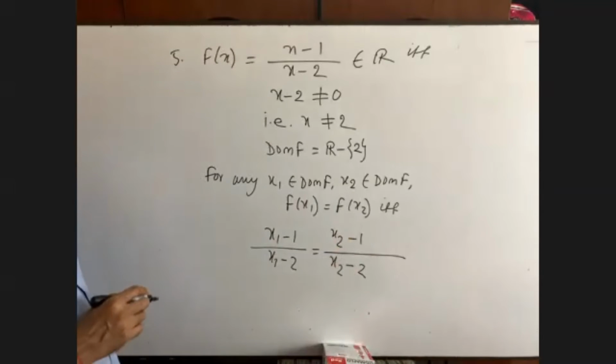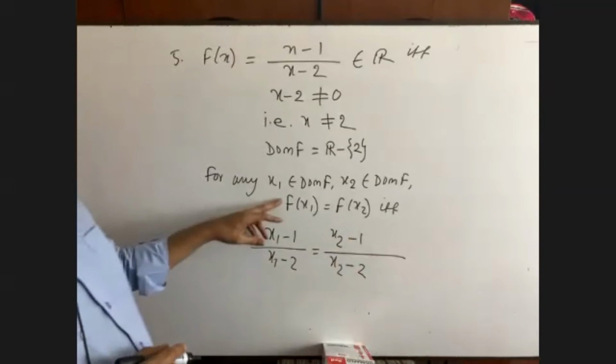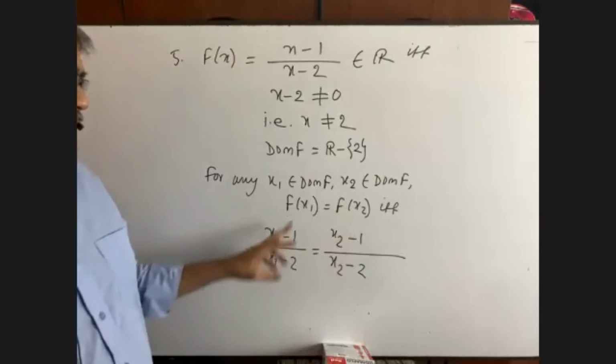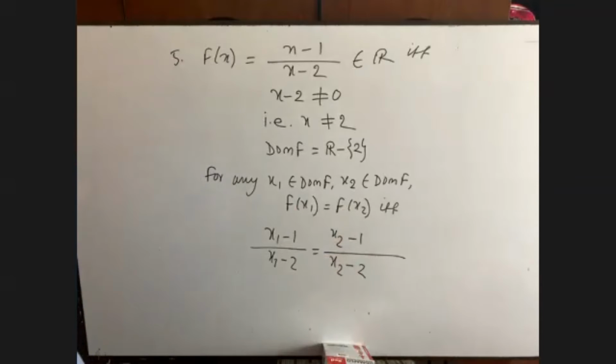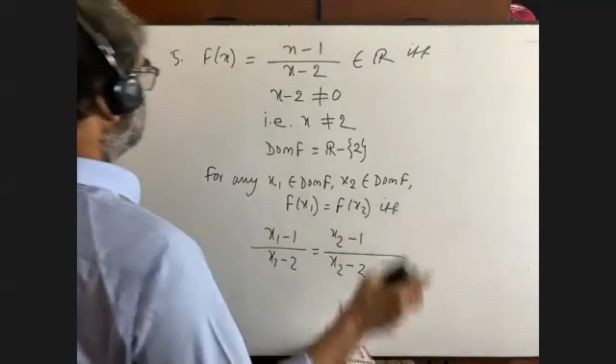This is the left hand side and this is the right hand side. It is of x1 and it is of x2. Now you just multiply.